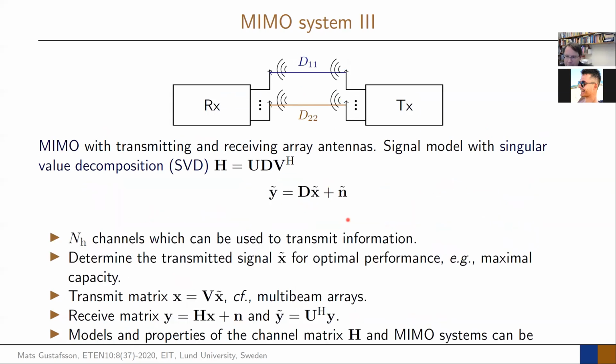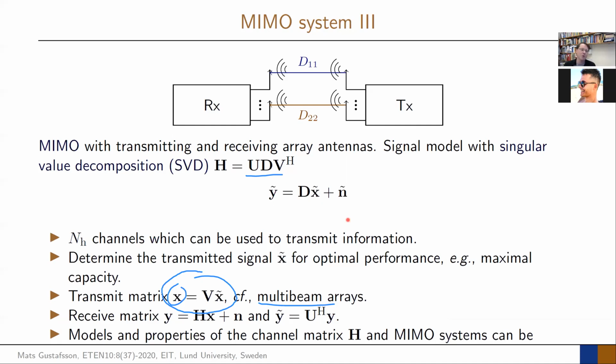And yeah, in these cases, we of course get the weight that comes in. So the transmitted matrix in these cases is what I get from this SVD of my channel matrix. I had some decomposition into this SVD. And what I transmit in these cases are these X signals, which is my multi-beam array.